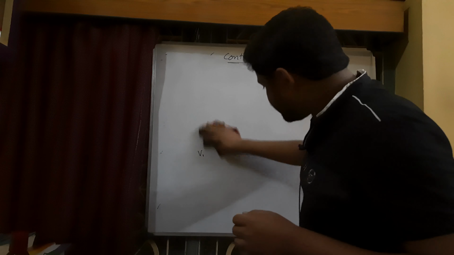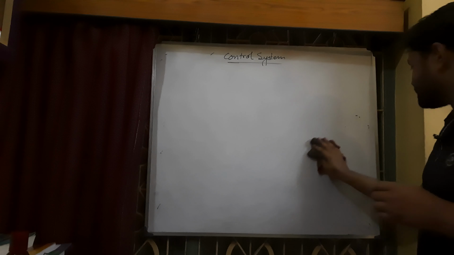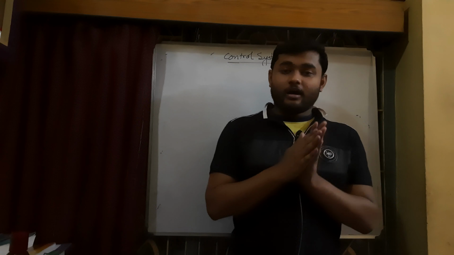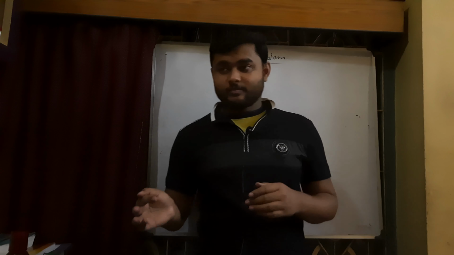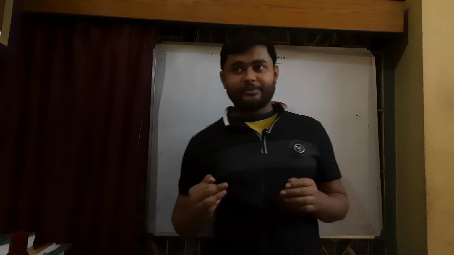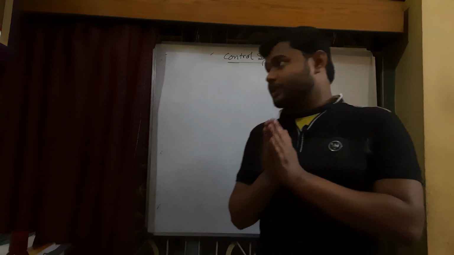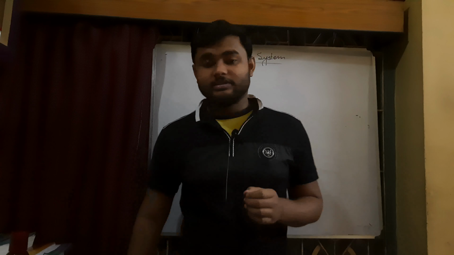Then we discussed the series RC circuit, arrived at its transfer function, and from that transfer function analyzed where the pole is located and what the time constant is. Then we did a similar thing for the series RL circuit.